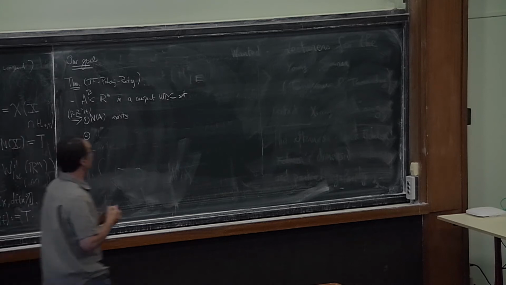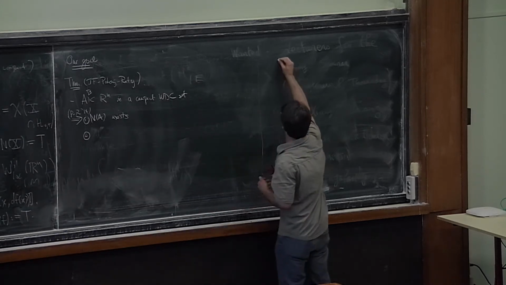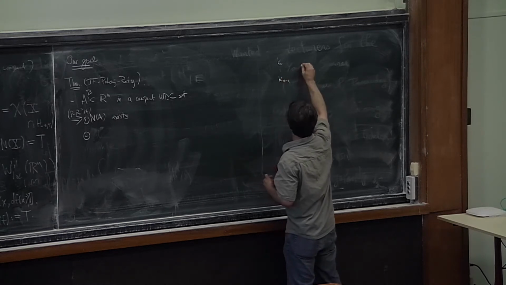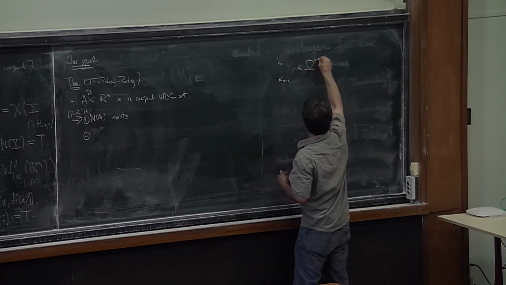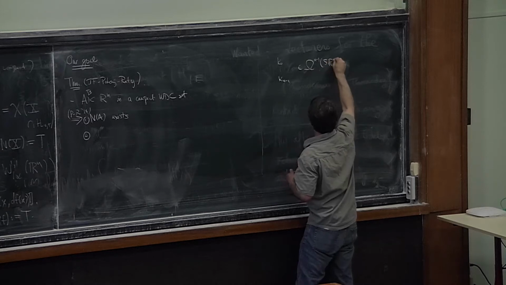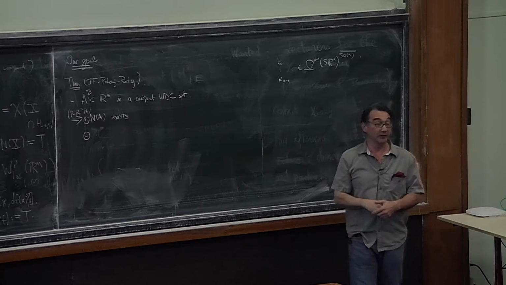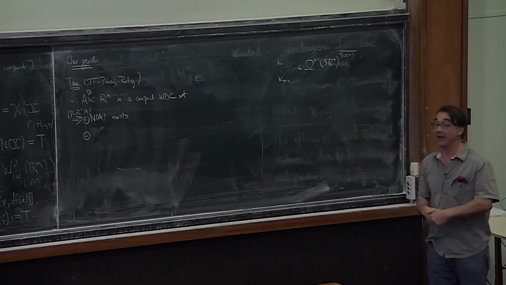You might recall that I defined these differential forms, kappa 0 through kappa n minus 1. These are n minus 1 forms in the sphere bundle that are invariant under the action of the Euclidean group. How did I get them?